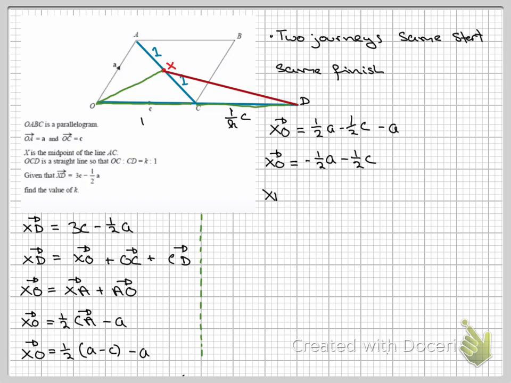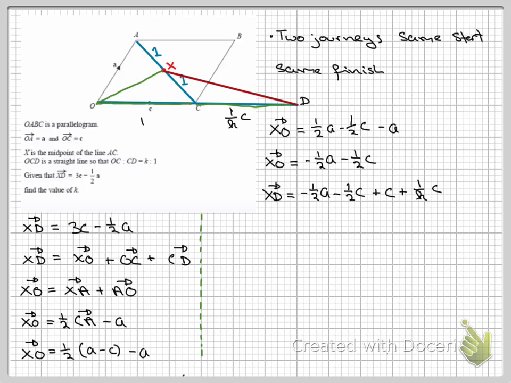X to D will equal the X to O, which I now know is minus 1/2 A minus 1/2 C, plus the O to C, which is going to be C, then plus the C to D, which we know is 1/K C.